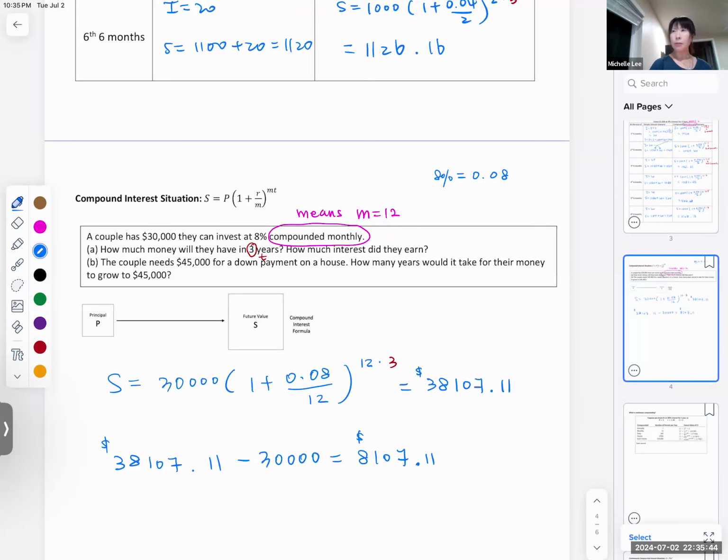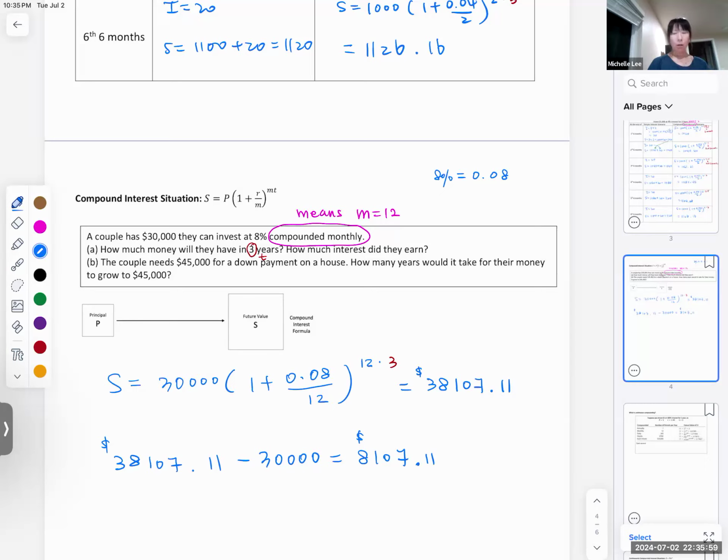All right, second part. The couple needs $45,000 for a down payment on a house. How many years would it take for their money to grow to $45,000?